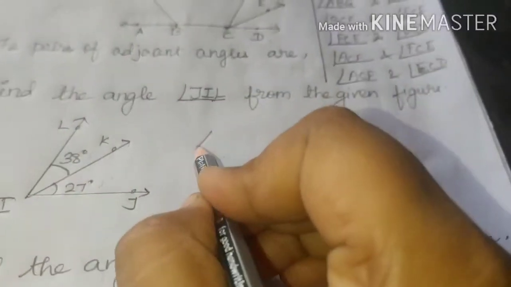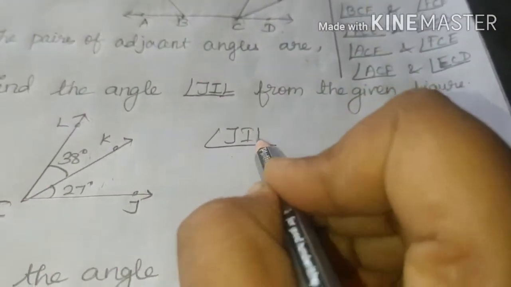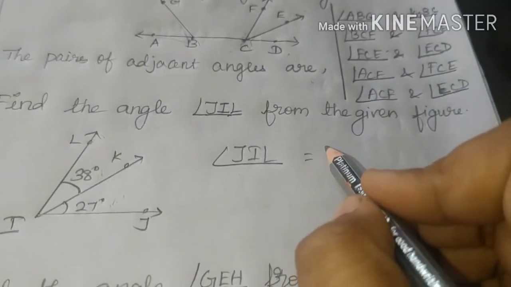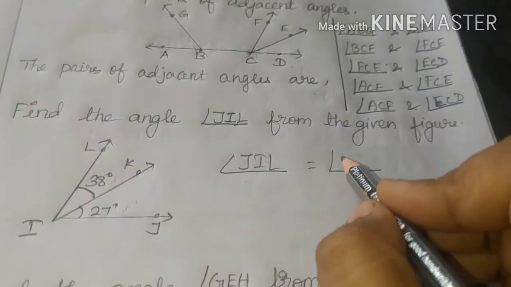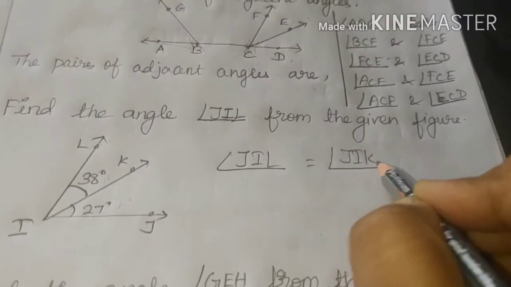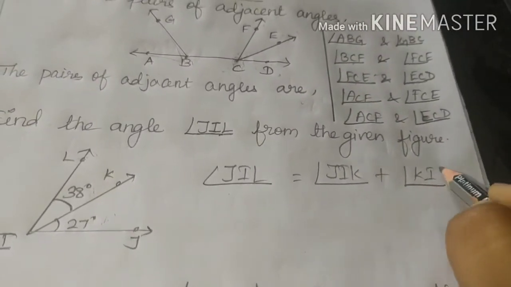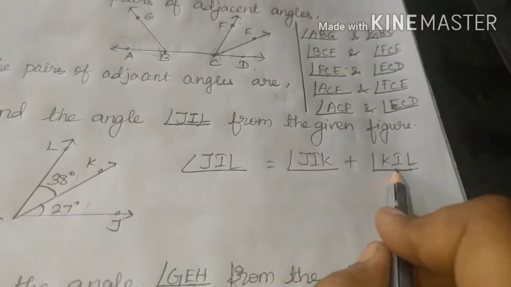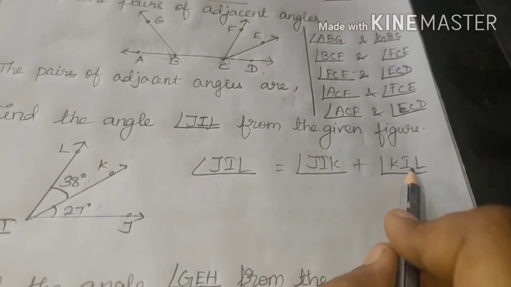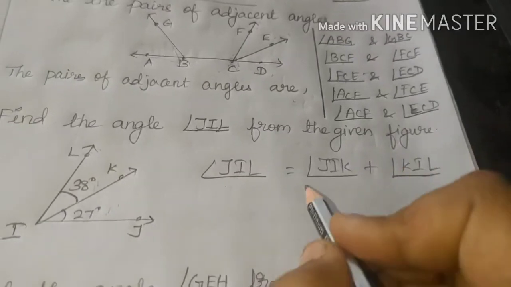Can we do it now? So angle JIL equals angle JIK plus angle KIL. These two also have the same midpoint, so it is an adjacent angle.